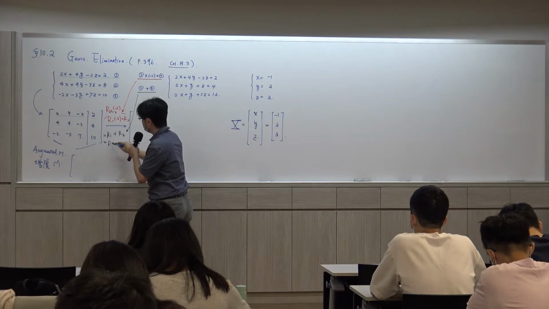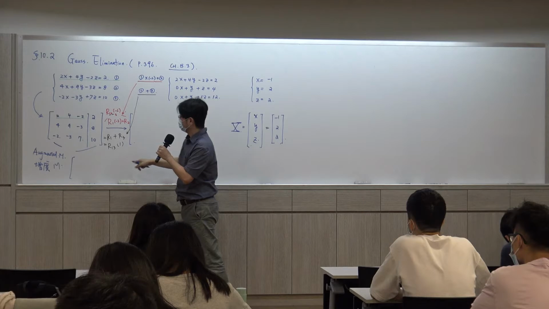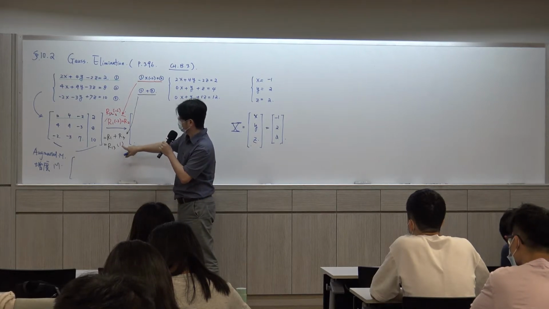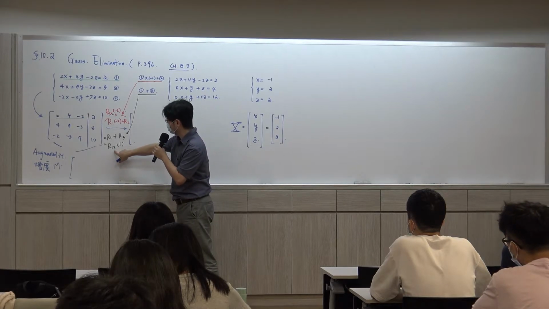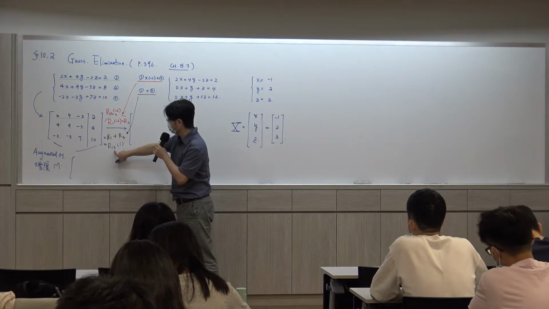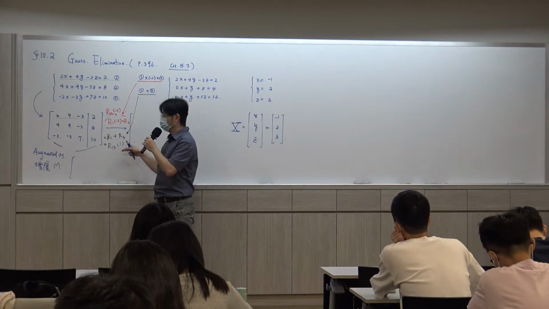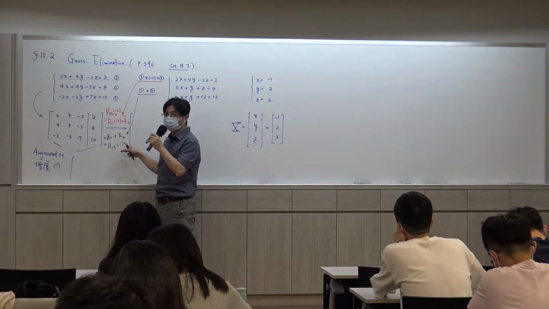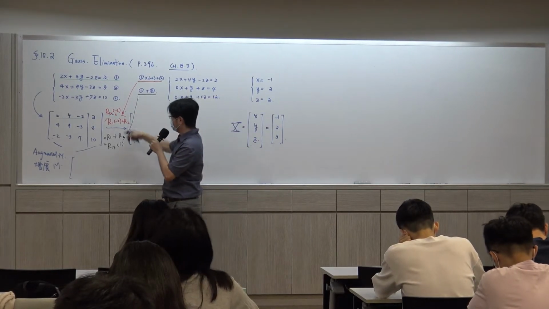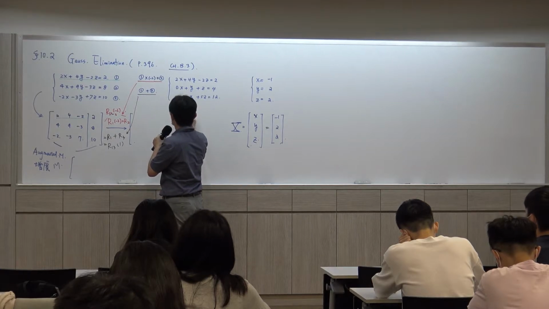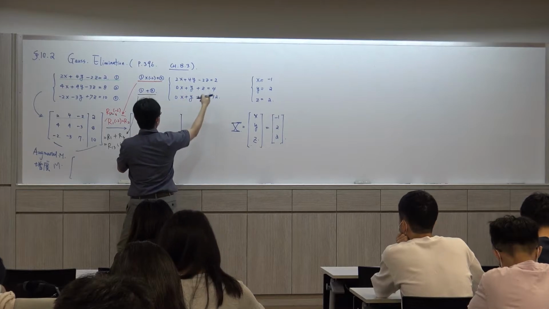This operation could be rewritten like this: the first row with coefficient 1 plus the third row. So you can find different descriptions in different versions of textbooks. Okay, so we can use the operation, and we can have this.